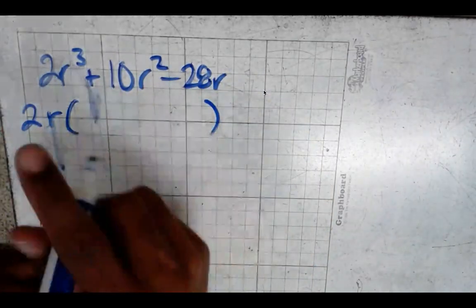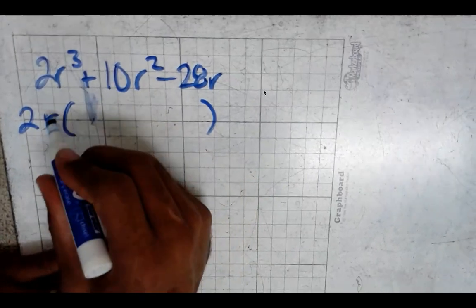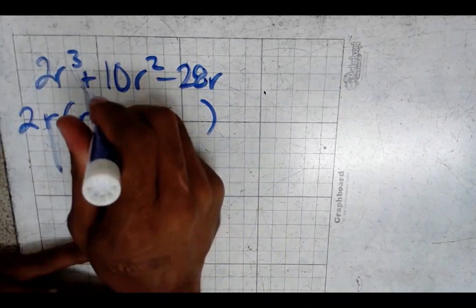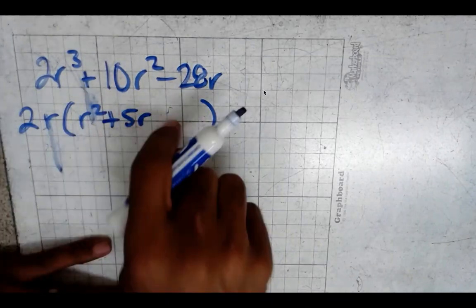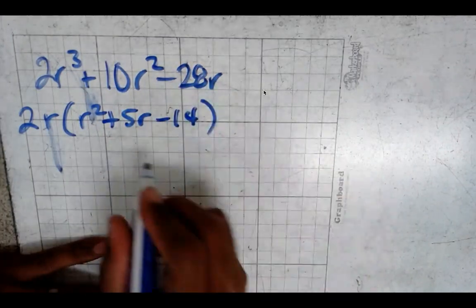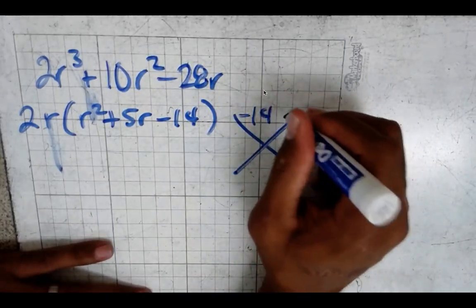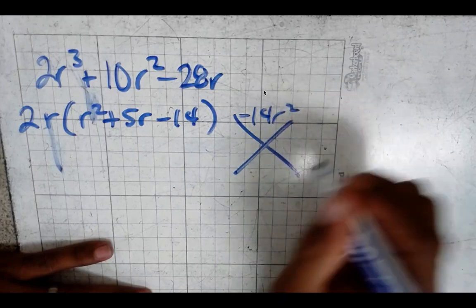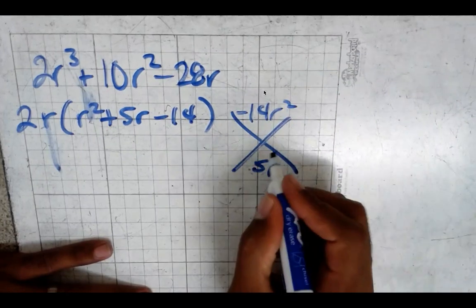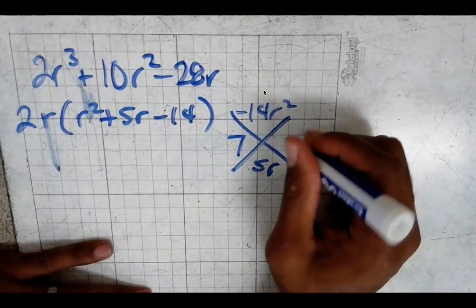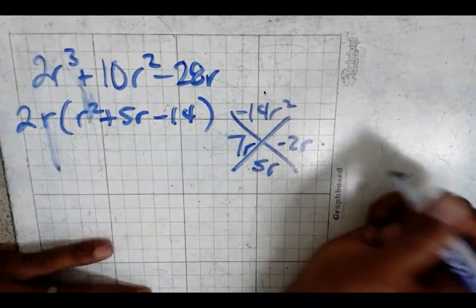Then I write in the factors: 2r times r squared, 2r times 5r, and 2r times minus 14. Taking this over to the side, can I factor it? With r squared, 5r, and minus 14, I can find two numbers this time: 7r and minus 2r.